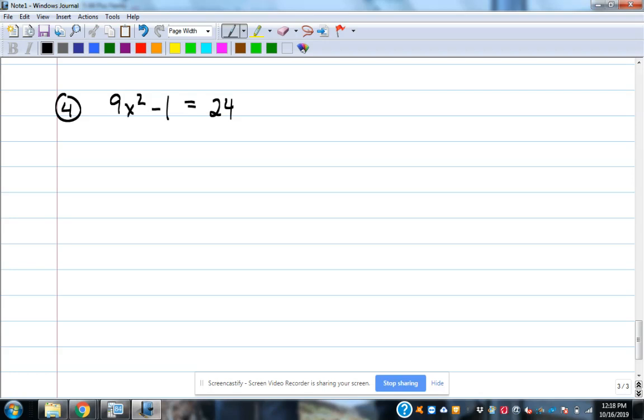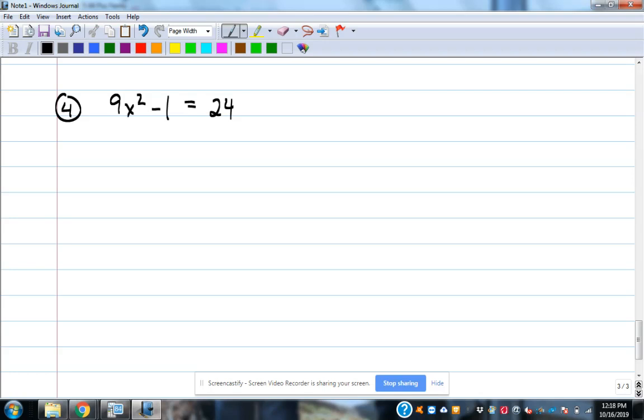We're going to practice quadratic formula on this, but when I see this problem, what's the only variable in there? The x squared part. So what would that make us think the most efficient way of solving that would be? The square roots would be the most efficient way to solve that because it's only got an x squared in it.